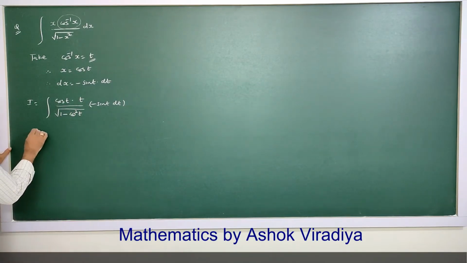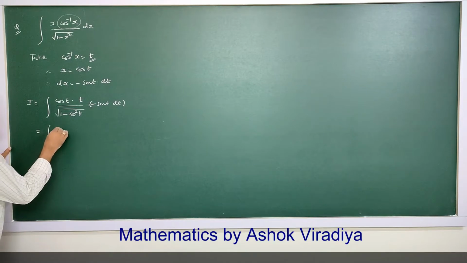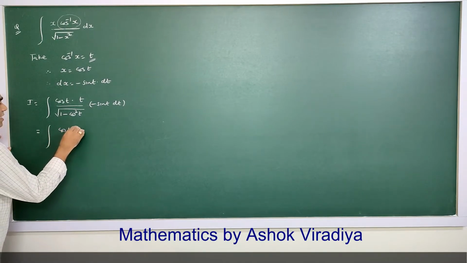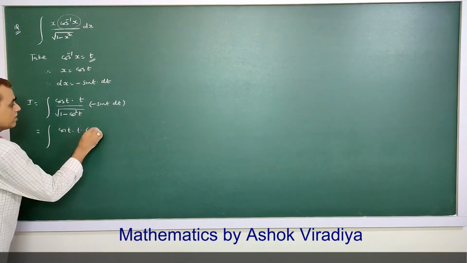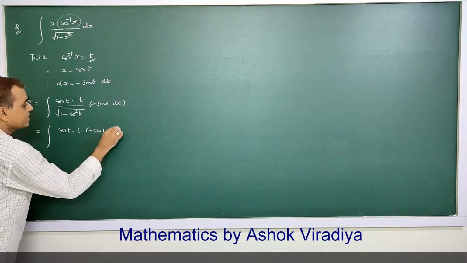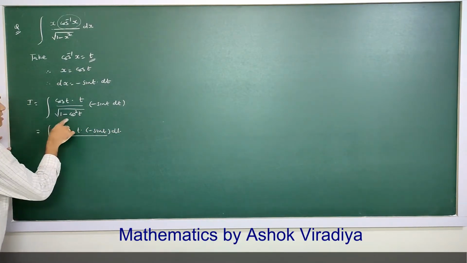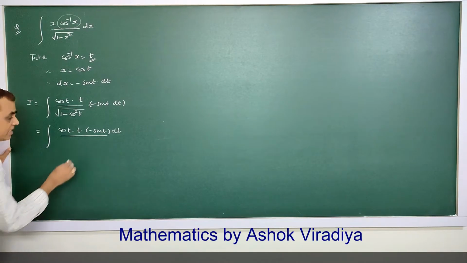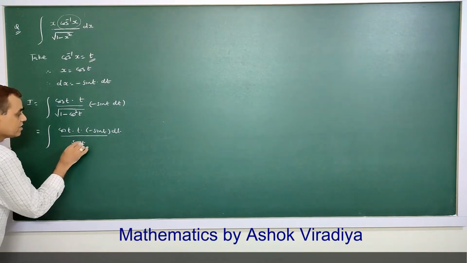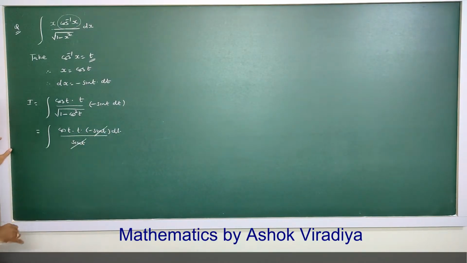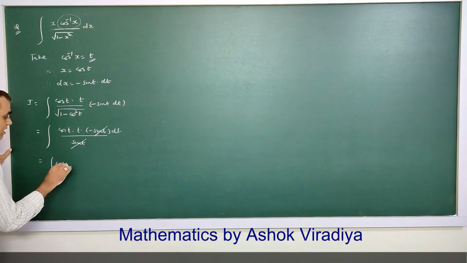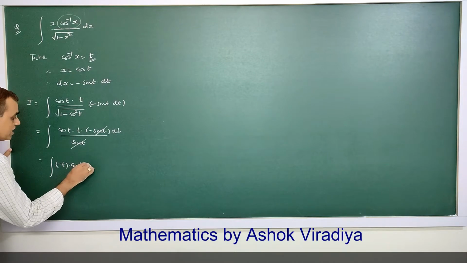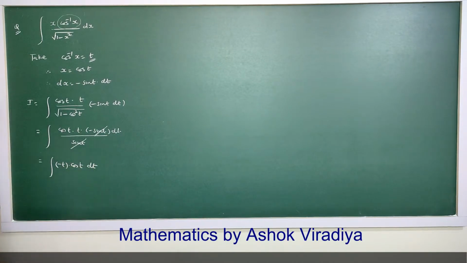So it is equal to cos t into t into minus sin t dt upon root sin square t, which is sin t. So this will be cancelled. So it is minus t into cos t dt.